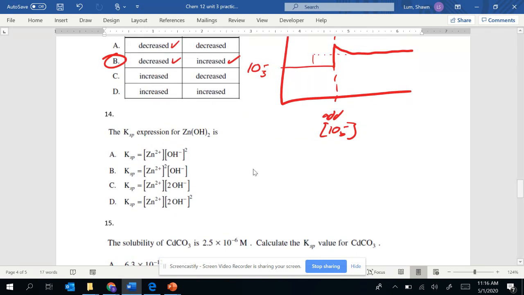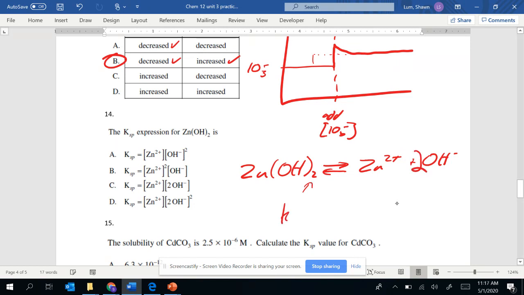What is the Ksp expression for this? So Zn(OH)2 turns into Zn2+ plus OH minus. This is not balanced, because we have that 2 right there. So we need to balance this equation by placing that 2 right here.